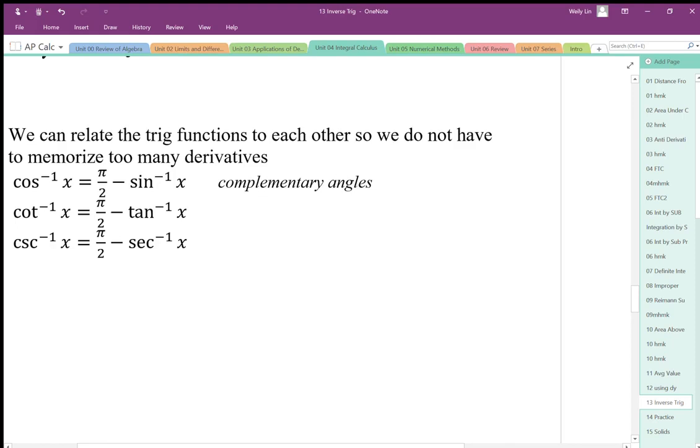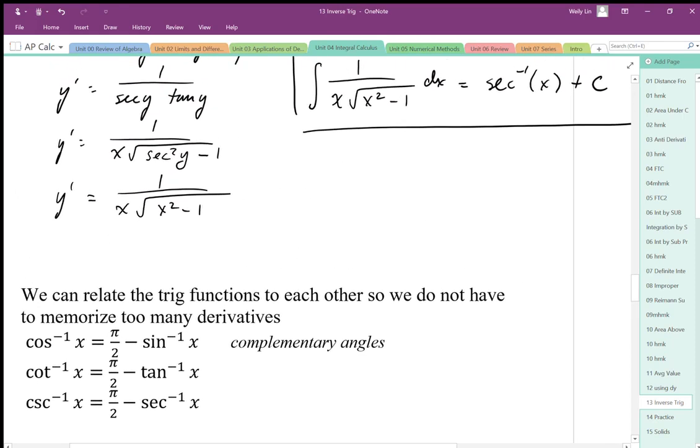So we don't need to actually know a whole bunch of different ones, because these ones are related. Okay, so if I know the inverse sine derivative, really I have the inverse cos. If I have the inverse tan derivative, I don't really need cotan. I can just use the negative of inverse tan. Same with the cosecant and secant. If I know the inverse secant derivative, I know it's the opposite of the cosecant, because when I differentiate these, those are just constants which disappear.